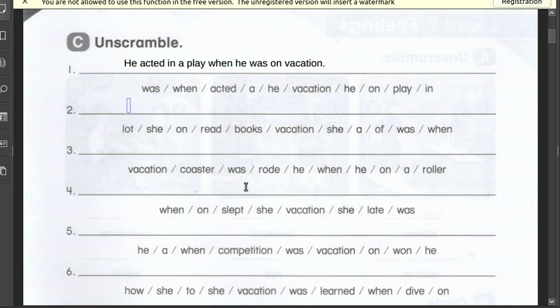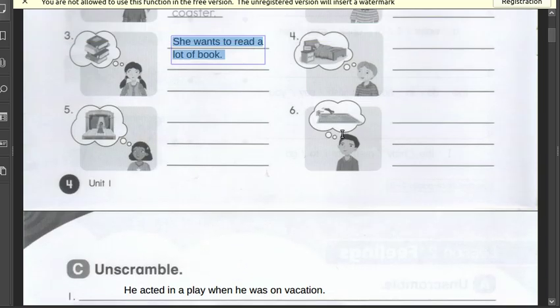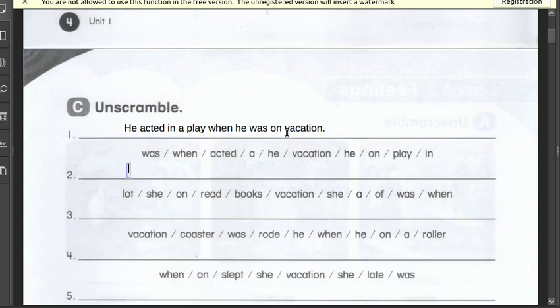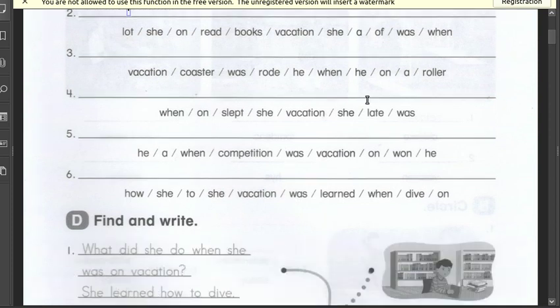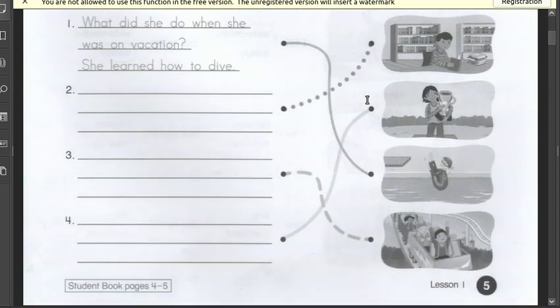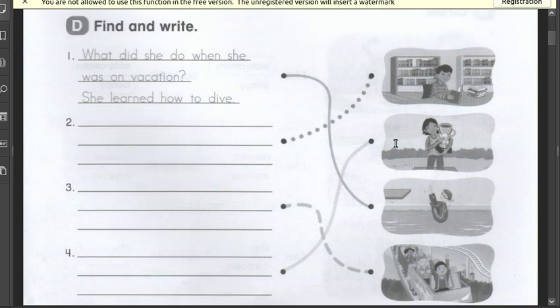Work number 1, these 3 pictures, you write the sentence to. Work number 2, unscramble this sentence and write the sentence into your book. And the last one, number 3, you write here the correct answers. And the exercise is here.